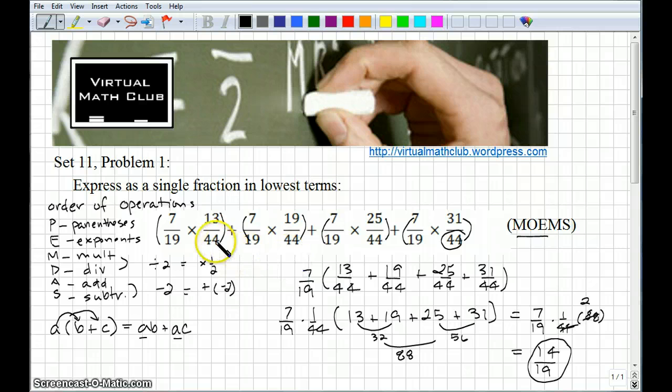Okay, so the key is to recognize that you have a common factor in each term of 7/19 times 1/44. And then it becomes a simple addition problem, and then you multiply by this thing, and it turns out you can reduce that even further. So always look for that when you've got arithmetic to do. Look for ways to simplify.